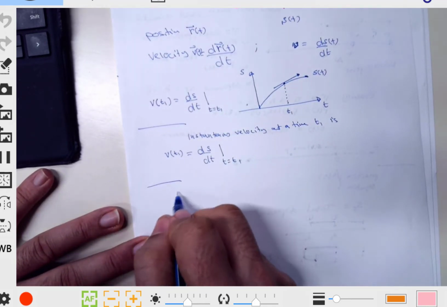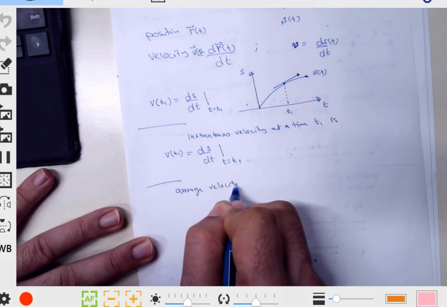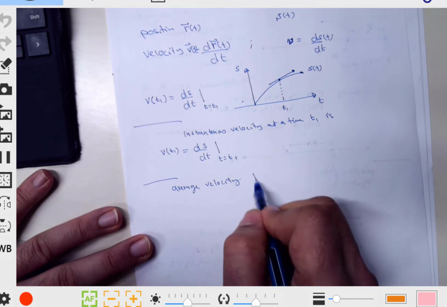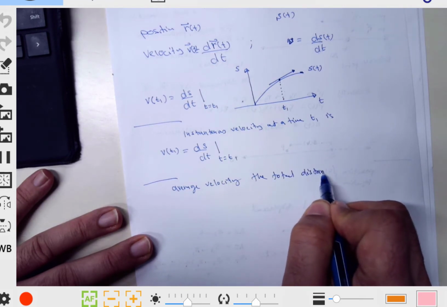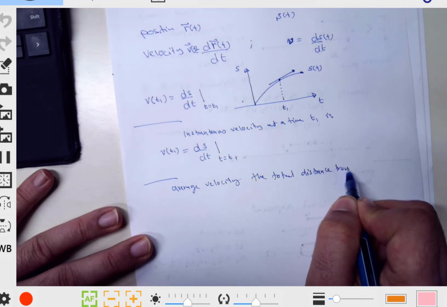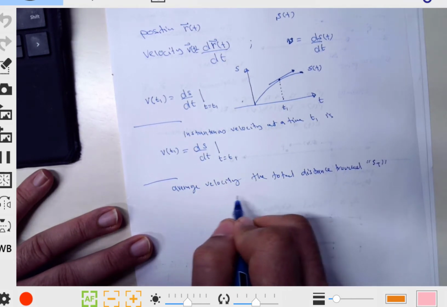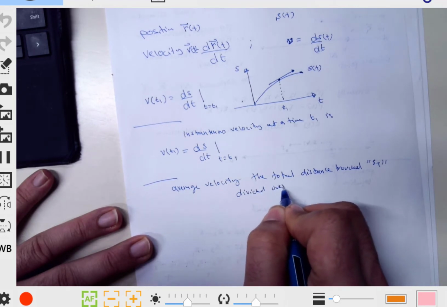Now, the average velocity, in fact, is the total distance traveled, which we talked about, is s of t, divided over time elapsed.